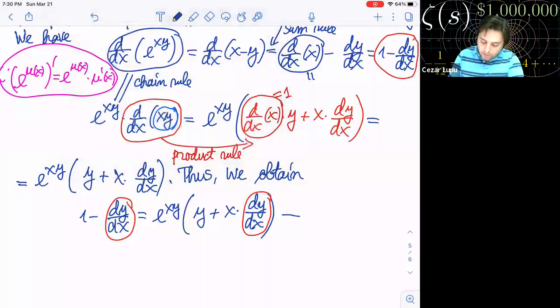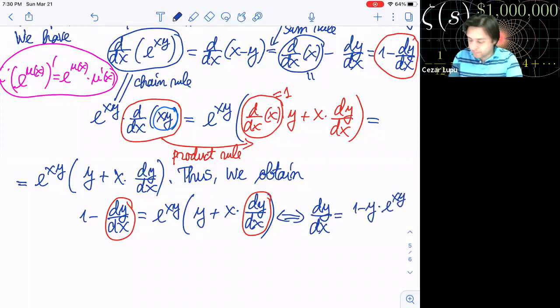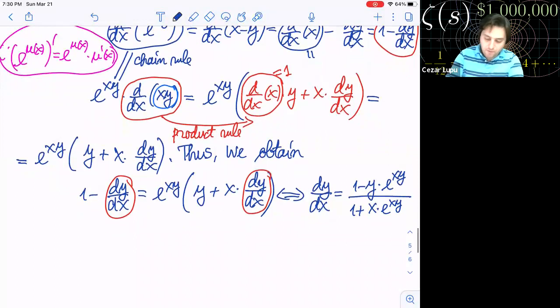I'll leave this to you as an exercise. So dy over dx will be 1 minus y times e to the power xy over 1 plus x times e to the power xy. Okay, so we finally obtained this, which is great after we isolated. I'll leave this to you as an exercise to figure out.